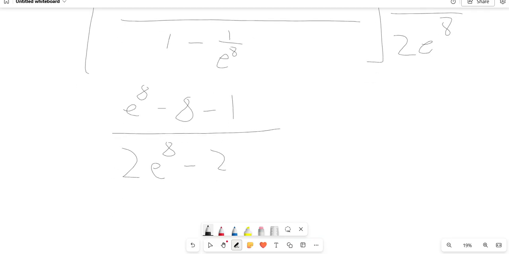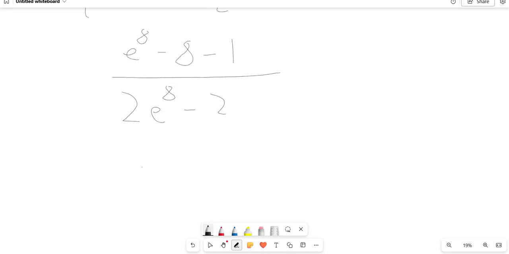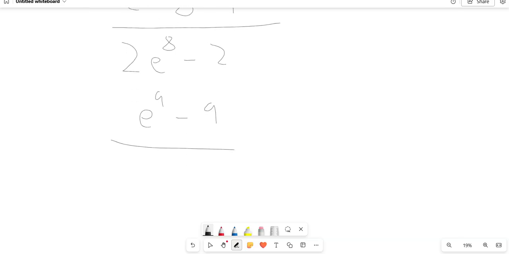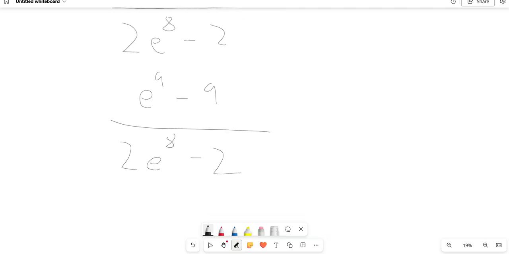We can combine the minus 8 and the minus 1, and that gives us e to the 9 minus 9, all divided by 2 e to the 8 minus 2. Okay, so that would be the x-coordinate of the center of mass.